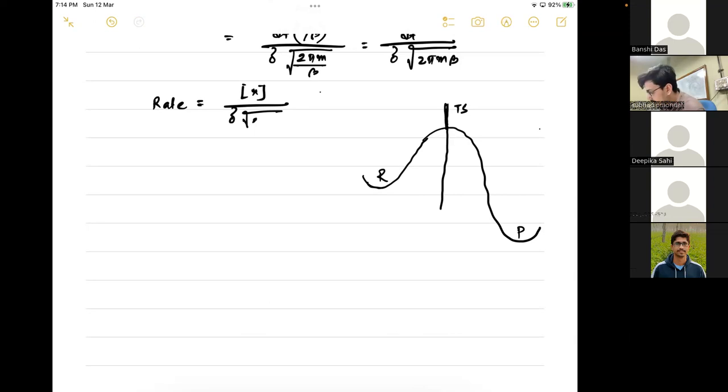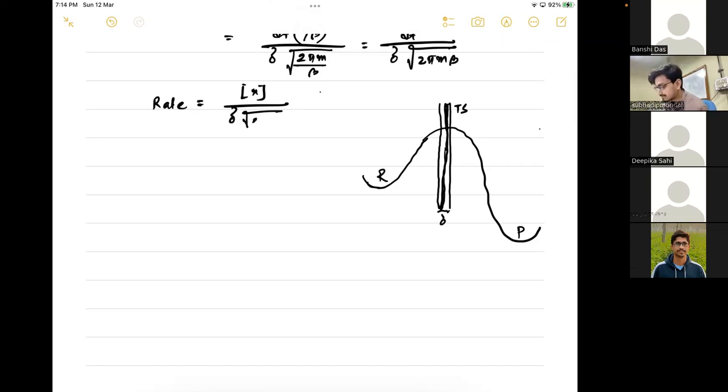But this is not a particular point. Here we are considering that the length scale associated with the activated complex is equal to the length scale associated with this bottleneck region. We are considering this as a region. This whole bottleneck region is called delta.